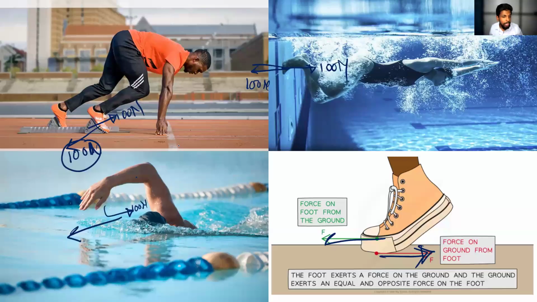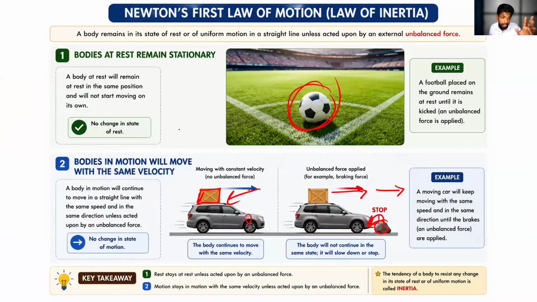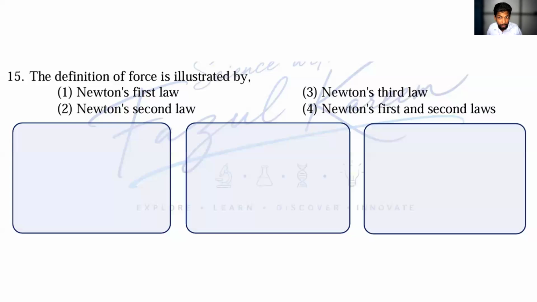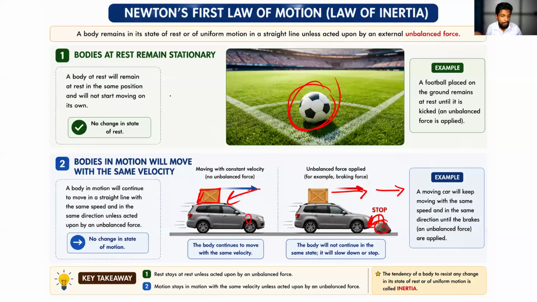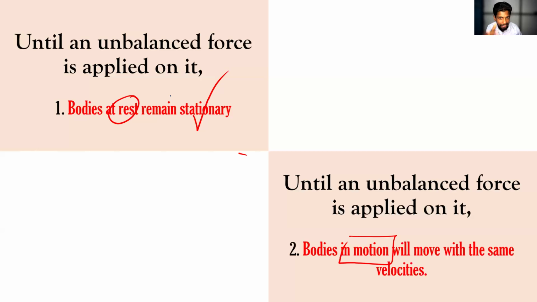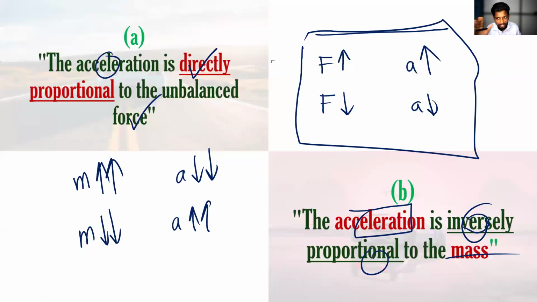Now we'll move to the next question regarding Newton. All the laws are here, right? First law, you know the first law, right? Until an unbalanced force is applied. And Newton's second law: force is directly proportional to acceleration, and mass is inversely proportional to acceleration. You know that theory.